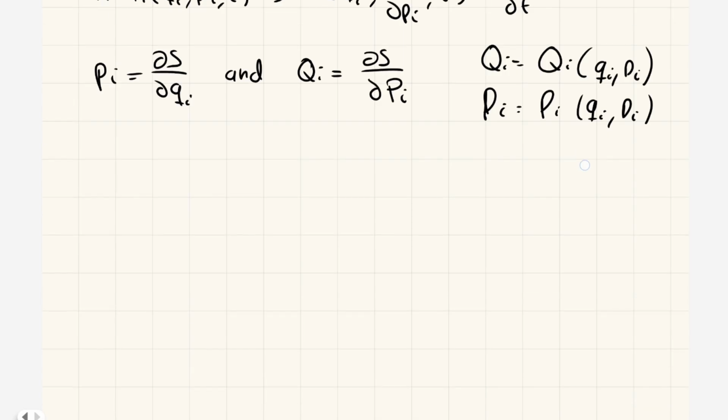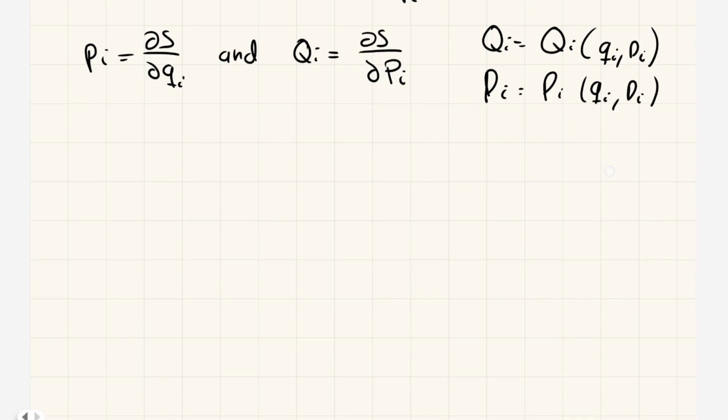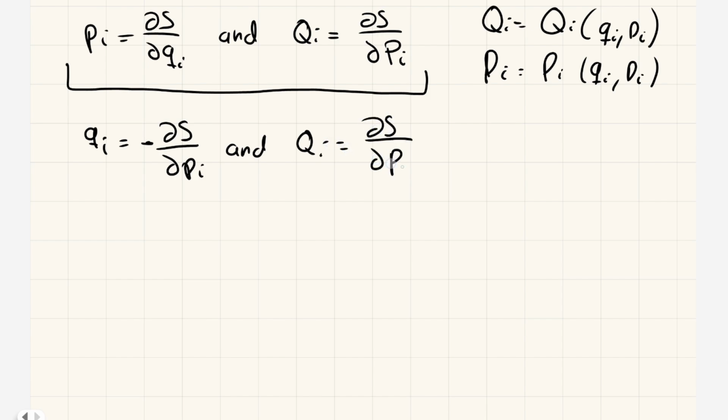Well, in this case, we are going to see what happens if we consider a new canonical transformation that will be very similar to this, but it will have a very important difference. You know that there are four generating functions for canonical transformations. One is the one that satisfies these two equations, but we can have another one, where Qi equals negative the partial of S with respect to Pi, and Pi equals the partial of S with respect to Qi.